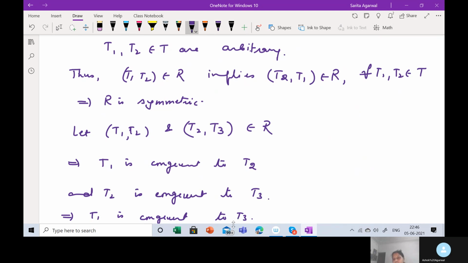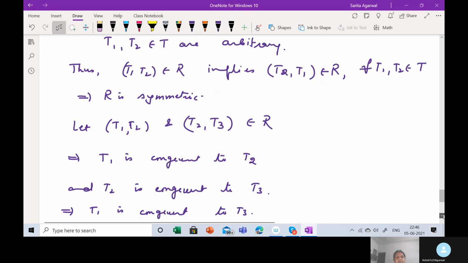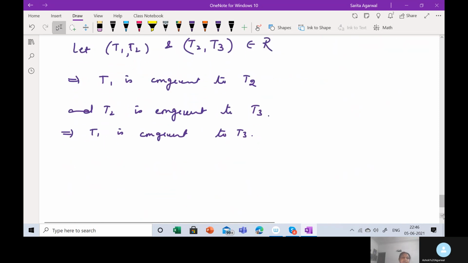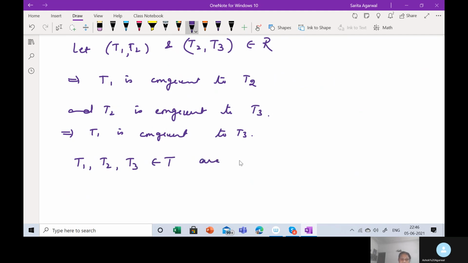But T1, T2, T3, because a relation is a subset of the Cartesian product of T's, are arbitrary.